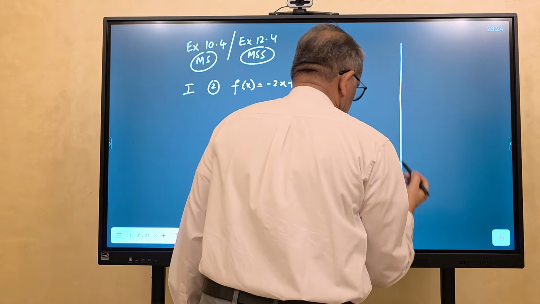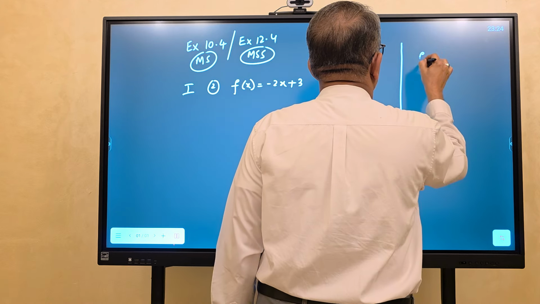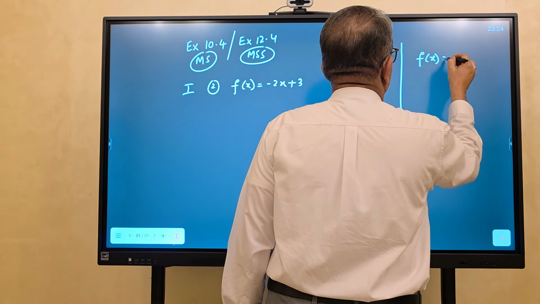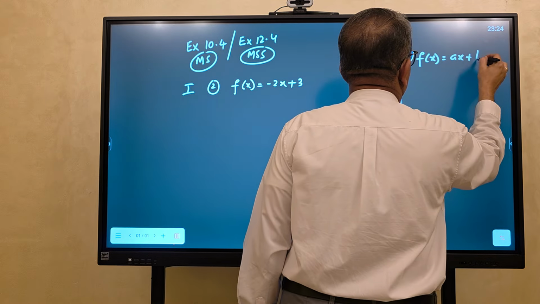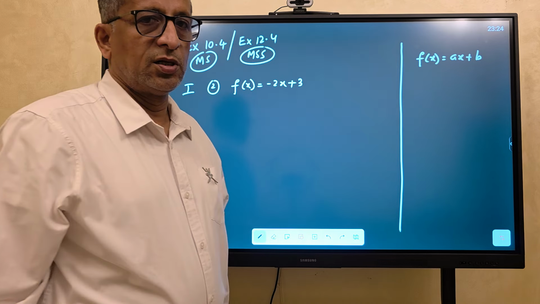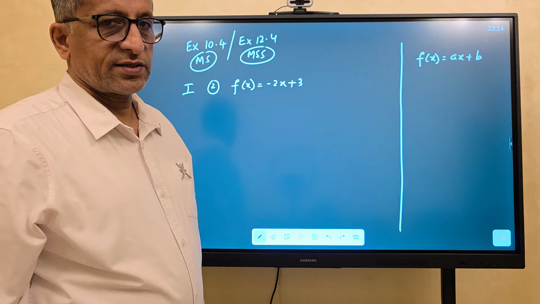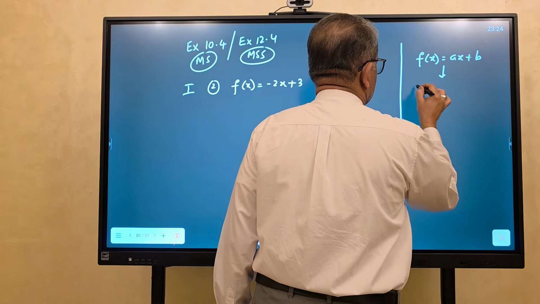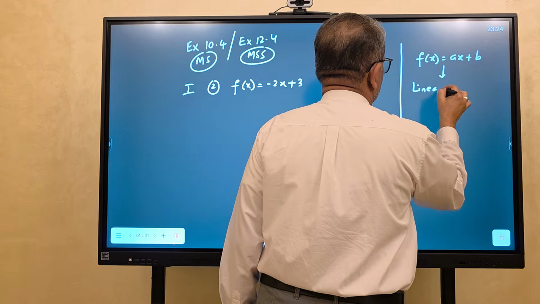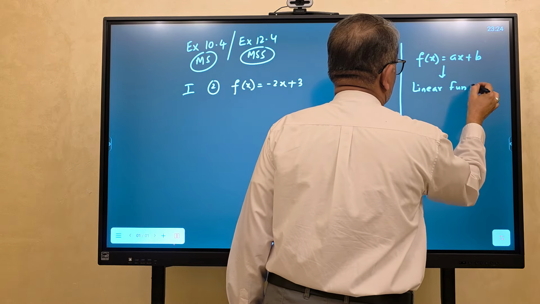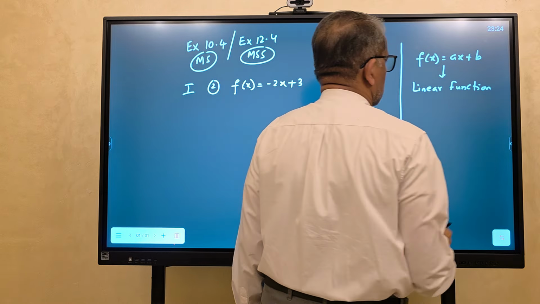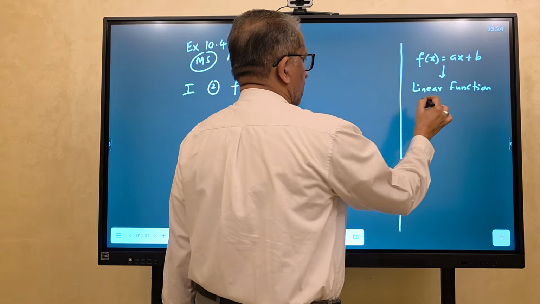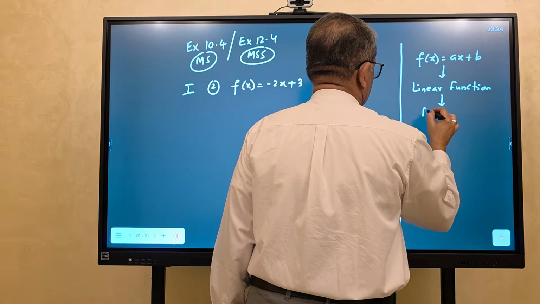Please remember that if your function is like this, what is the power of x here? 1. So remember, this is called a linear function, because the power of x is 1.